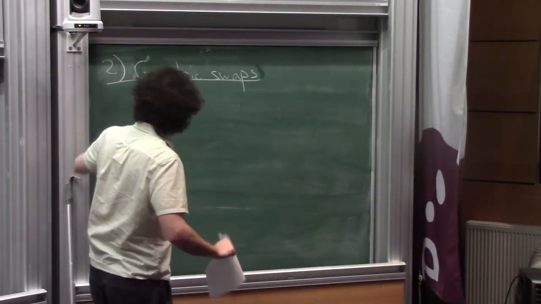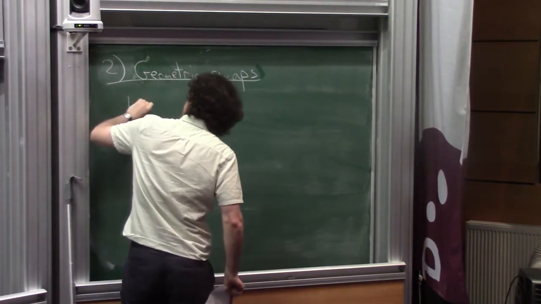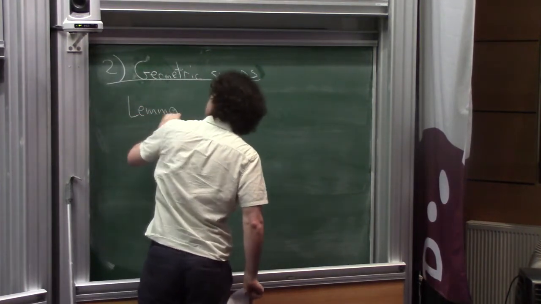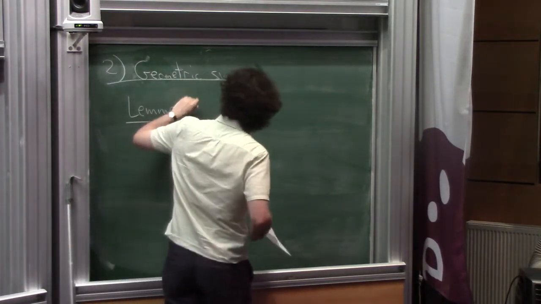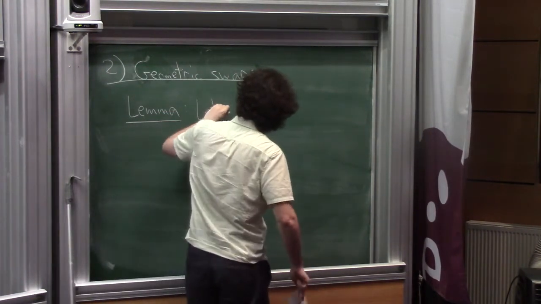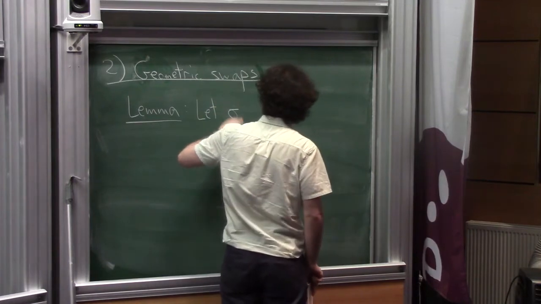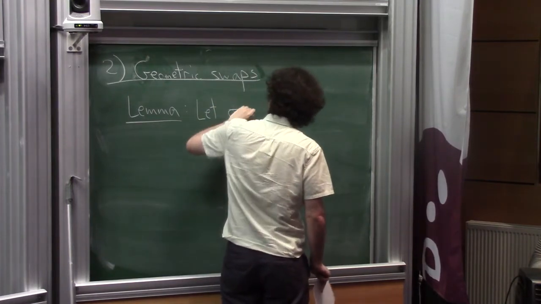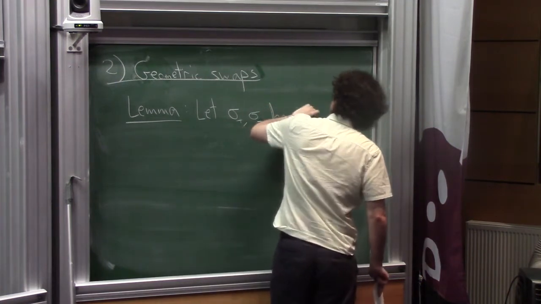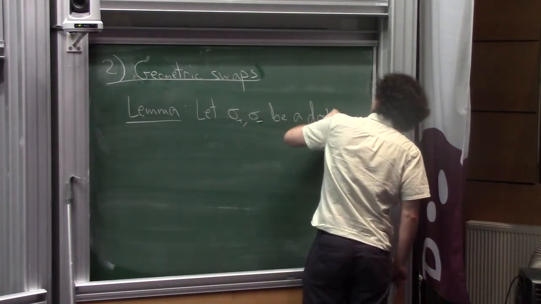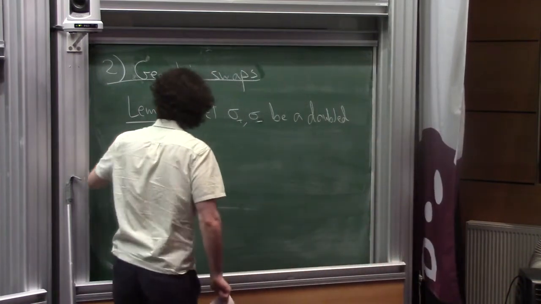So we start with the lemma. Sigma plus sigma might be a doubled.